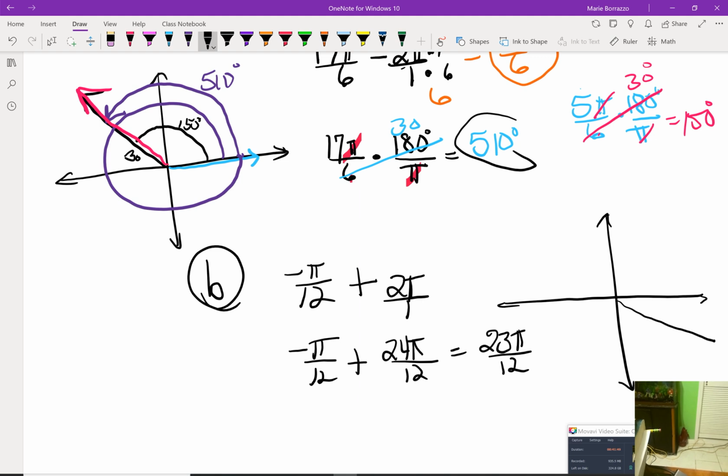Whatever sliver this would represent, this would be the equivalent of negative pi over 12, right? And so 23 over 12 would be falling here as well, is what I'm getting at. So there's your 1/12 rotation, again, completed.